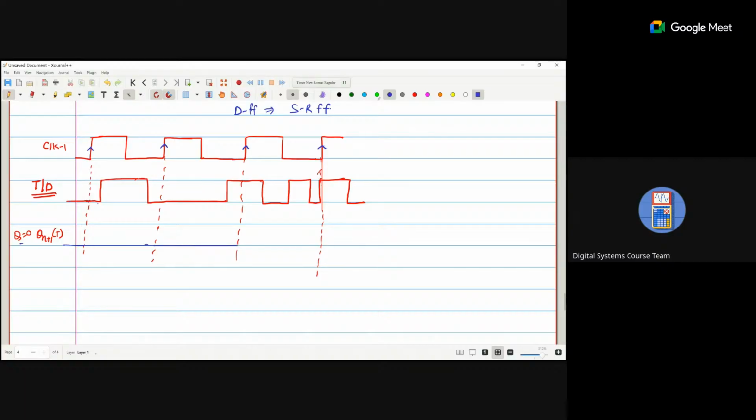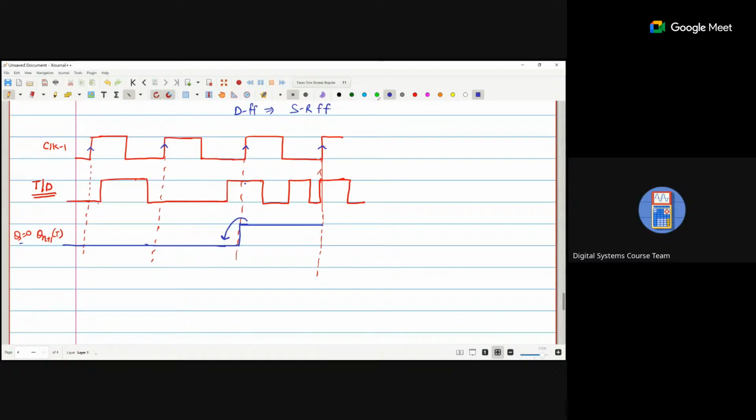Again, positive edge appears, T is 1, so the output will be inverted, the invert of the previous condition. When T is 1, the output will toggle, the toggle of the previous condition, which is 0. It will be maintained till here.